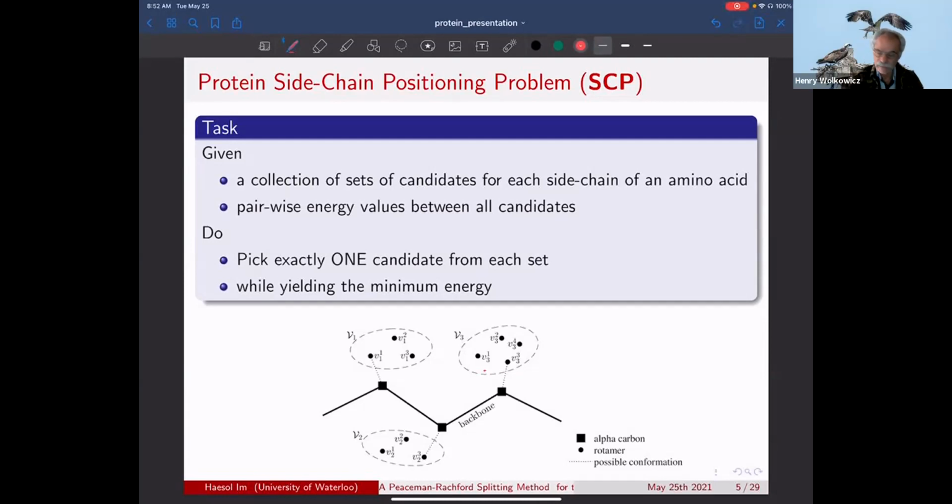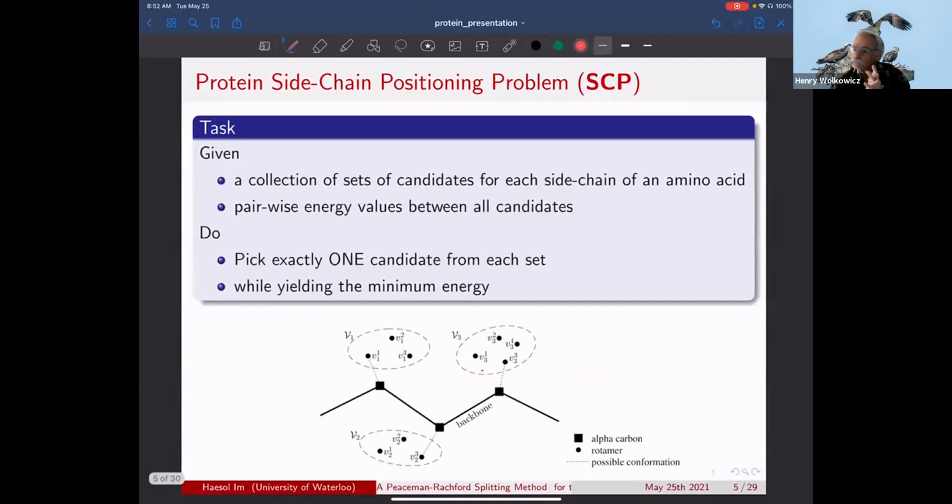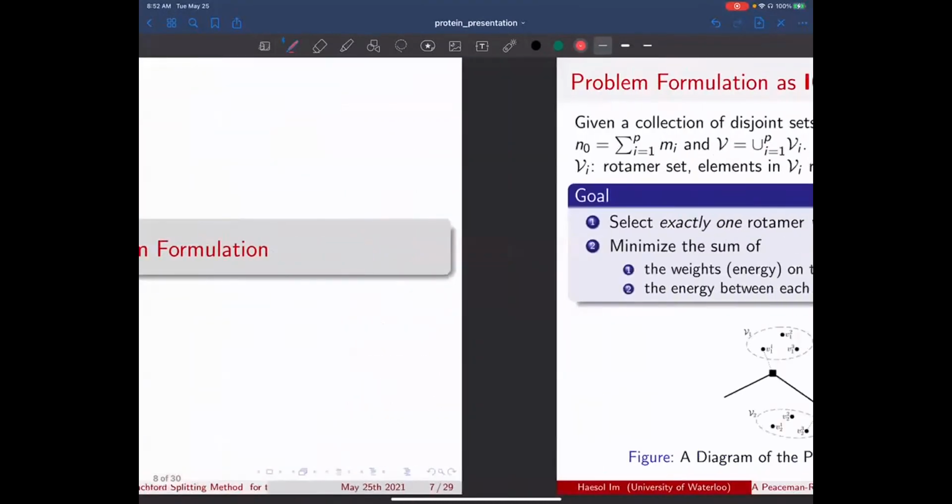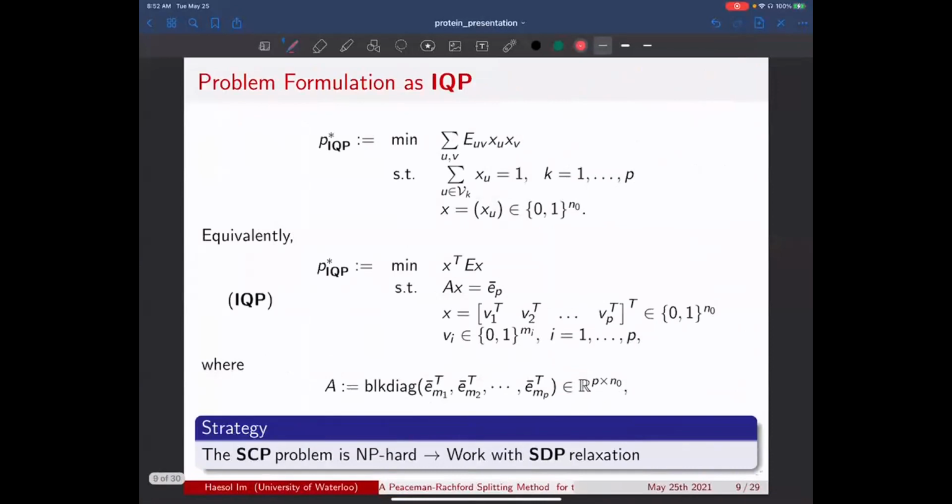So he thinks that branch and bound can be adapted for an indefinite quadratic objective. Oh yes, one of the things I didn't mention is that this matrix E is indefinite. Very indefinite.